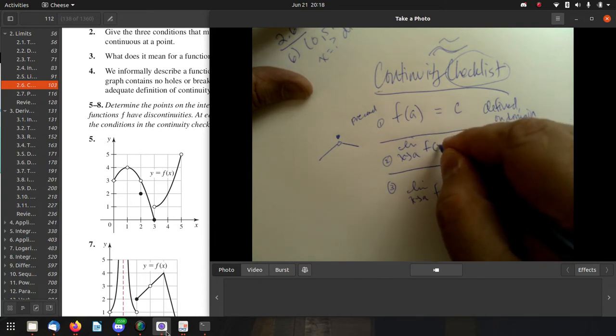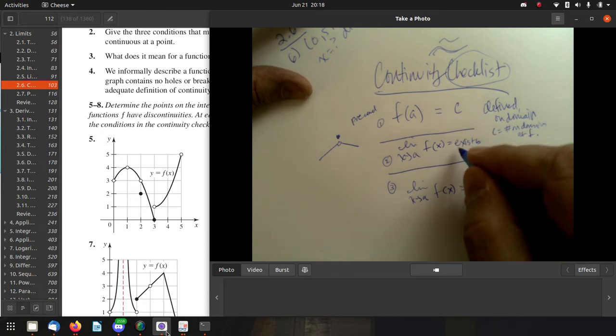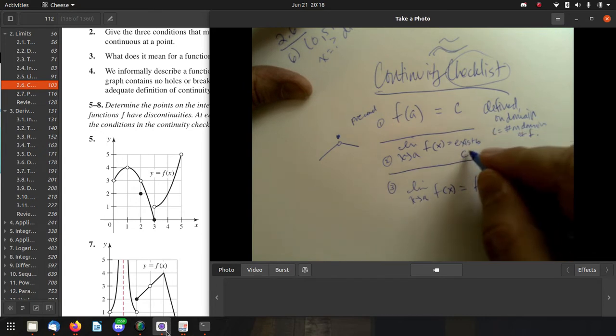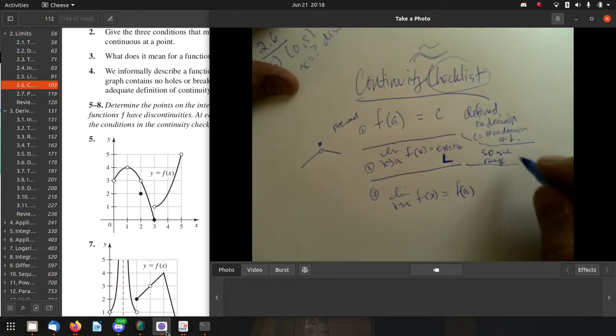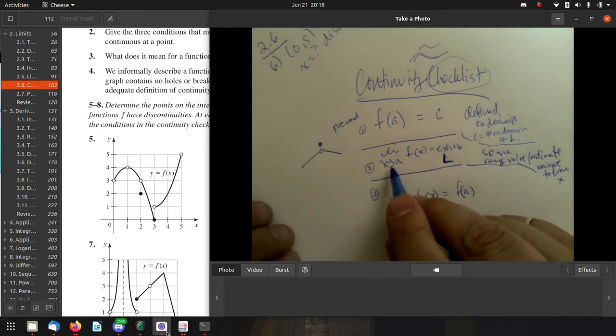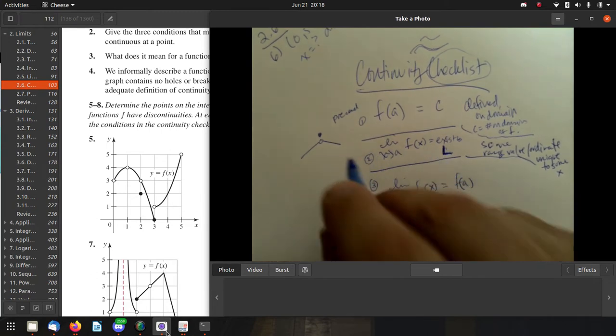Here I would put the limit exists, or equals L, where L is some range value, an ordinate, unique to an x equals value. If the limit at the point equals something, that's certainly a case we can have.